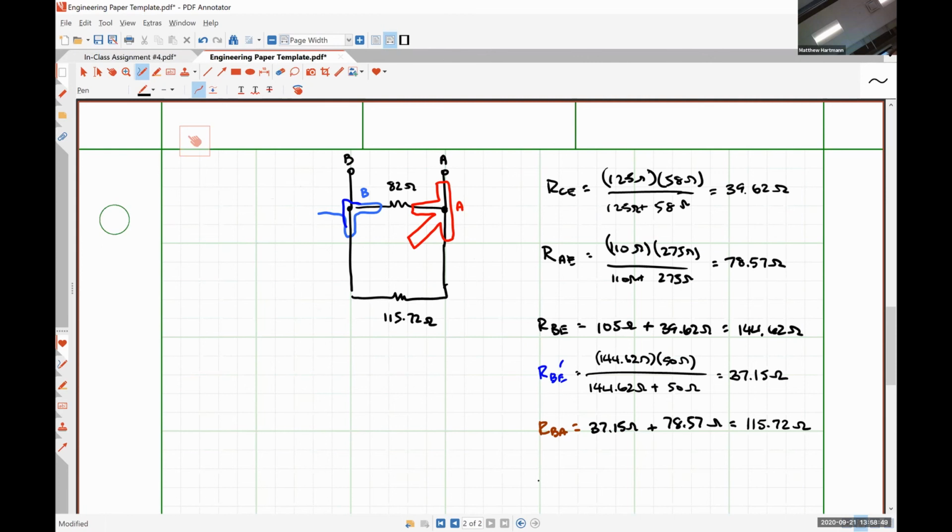So our final equivalent resistance, RAB, is 82 times 115.72 divided by 82 plus 115.72. 47.99. Alrighty, so I'm going to pop over to WebWork real quick, and I'm going to plug that in.